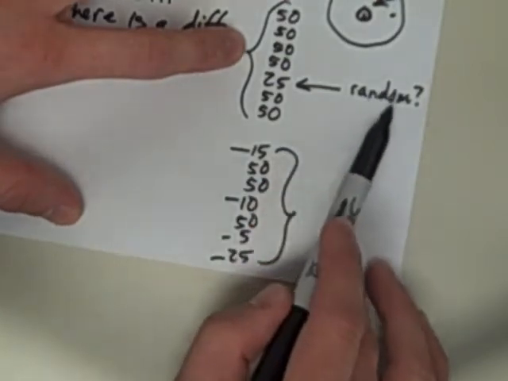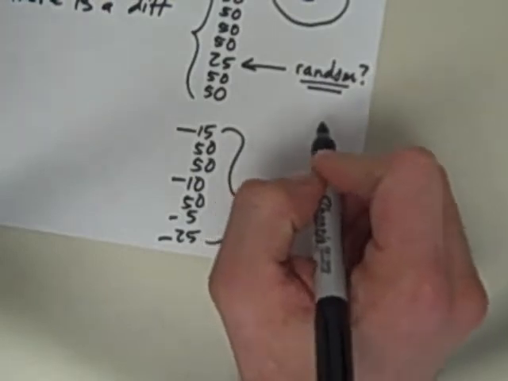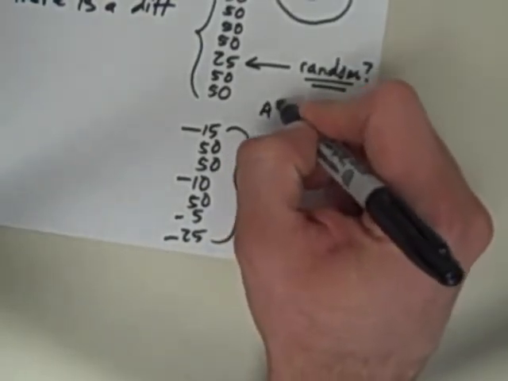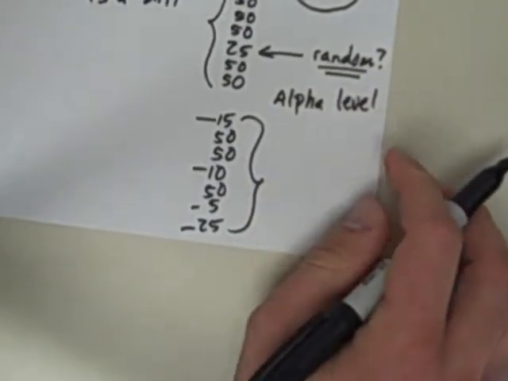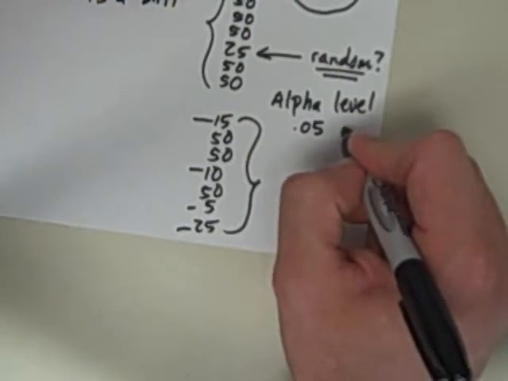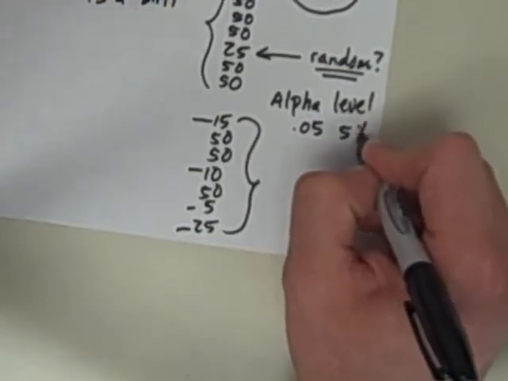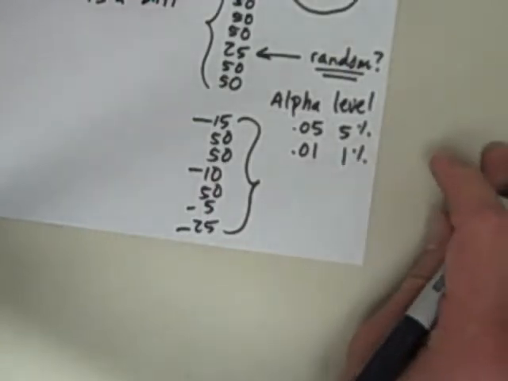Taking into account that random chance is going to get in here and screw things up a certain percent of the time. It's this amount of random chance that we're allowing that we refer to as the alpha level. Oftentimes in the clinical lab, we keep our alpha levels at 0.05, which is 5%, or 0.01, or 1%.